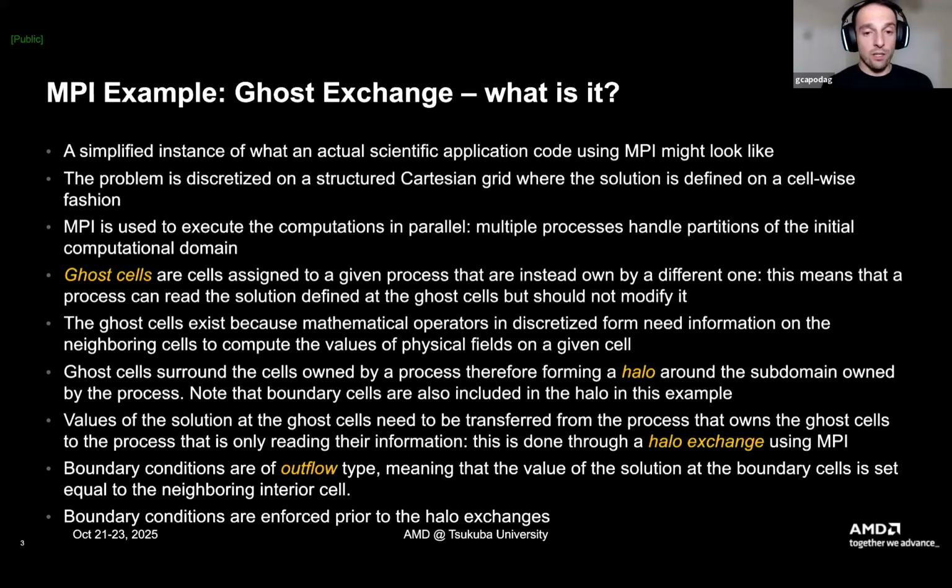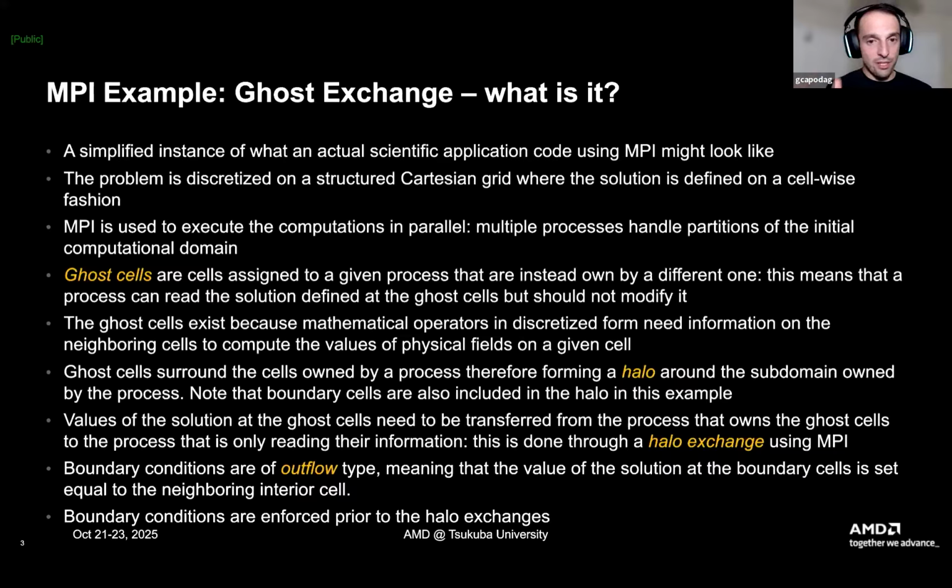However, in this case it's a very simple mathematical operator, but anytime we use mathematical operators to compute our physical solutions, most of the time, the large majority of the times, we are using information from our neighbors.